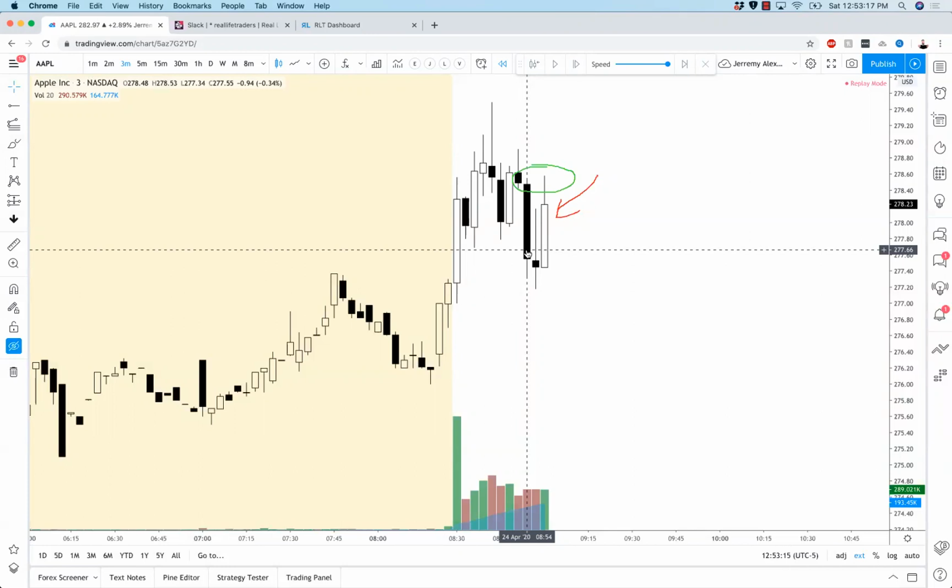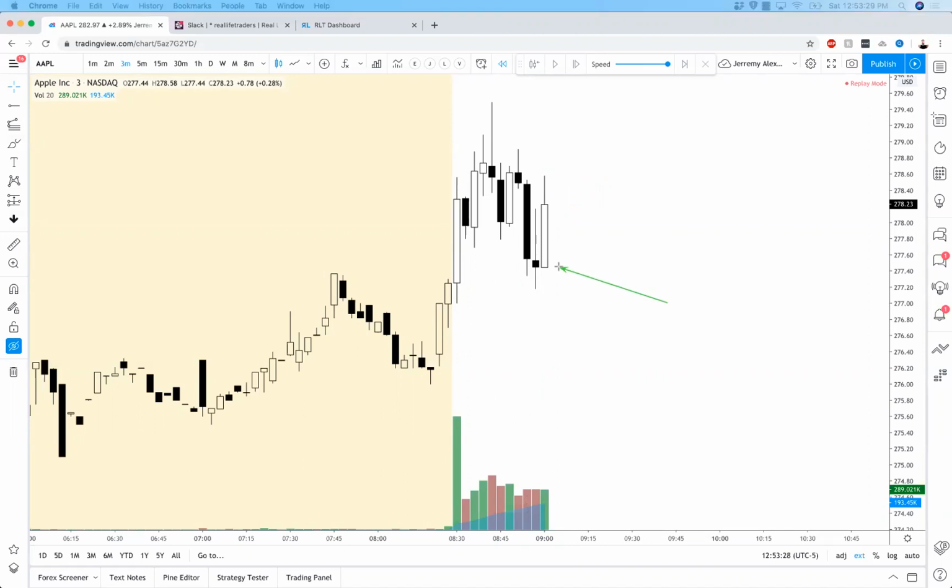The wall is approaching. Time to break that wall. So this candle is a shaved bottom candle, which means as soon as it opened, bang, the buyers came in immediately. That's another bullish sign.